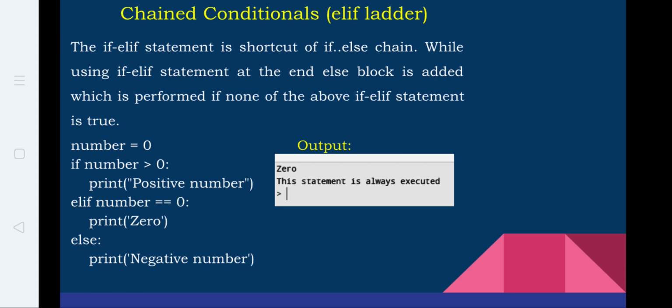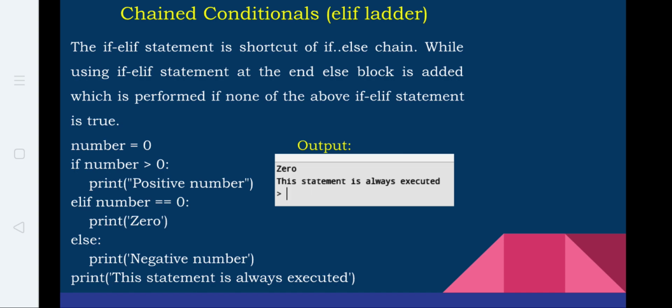Now for all the cases, there is a common message: this statement is always executed. What does it mean? This last print statement is beyond the scope of the if else if statement. It is in line with the first line of the code, number equal to 0. That means this print statement does not come under any of the condition checking.